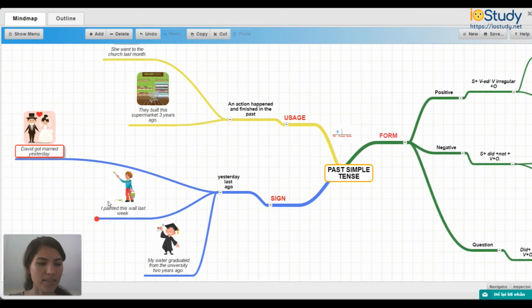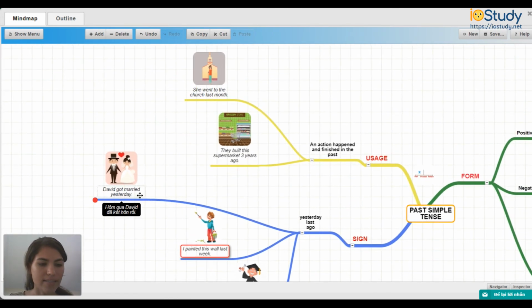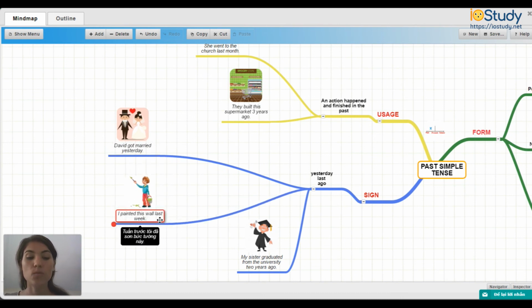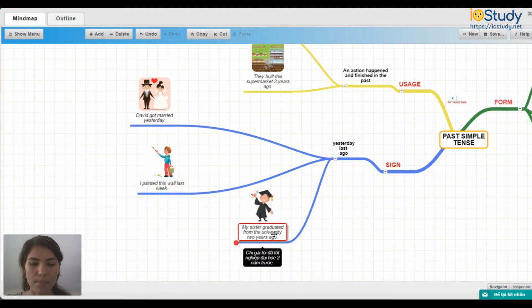Okay, so first example is David got married yesterday, past simple tense. And I painted this wall last week. Finally, my sister graduated from the university 2 years ago. So these are all ways to know that we are using the past simple tense here.